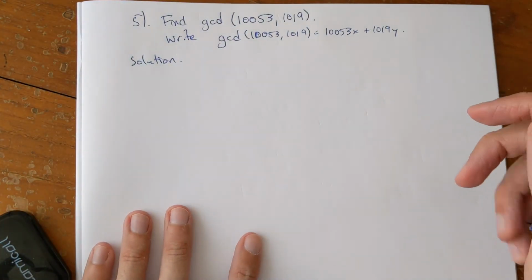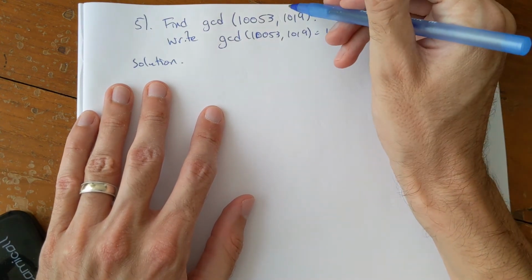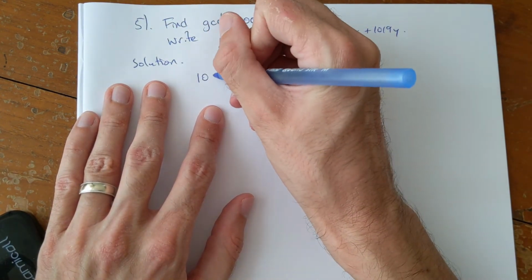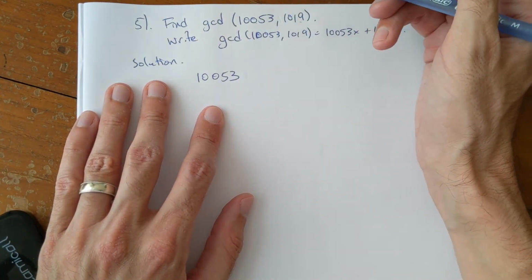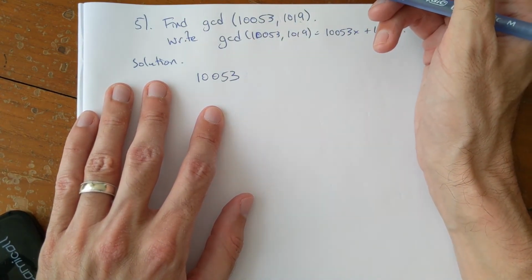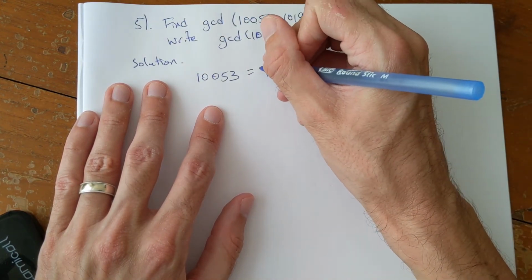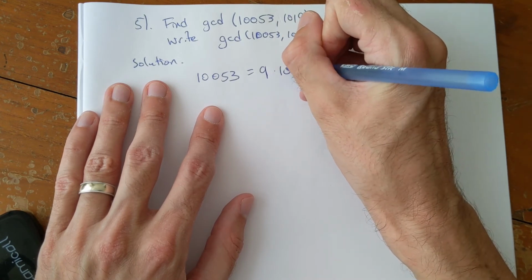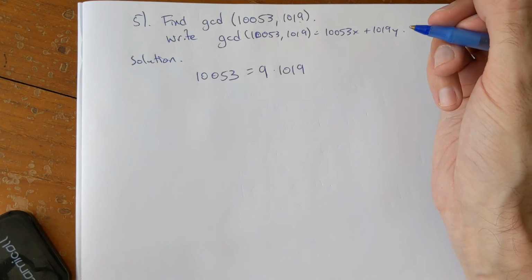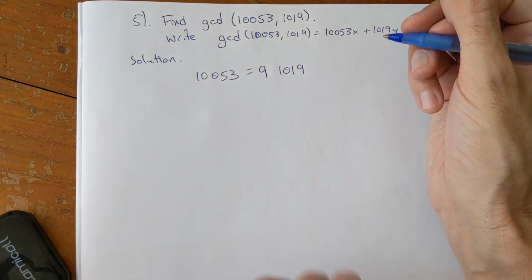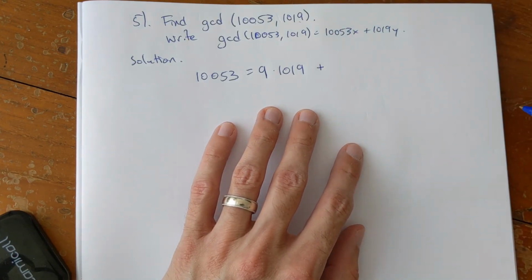Now this is just a computation. So we just use our calculator. This goes into this about, not quite 10 times, so 9 times, with a remainder.